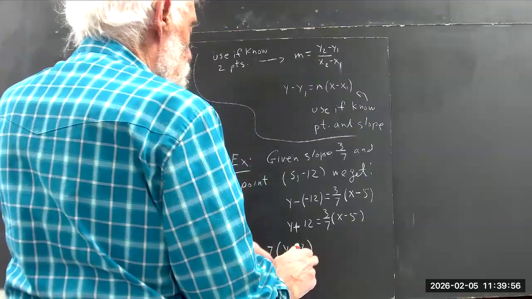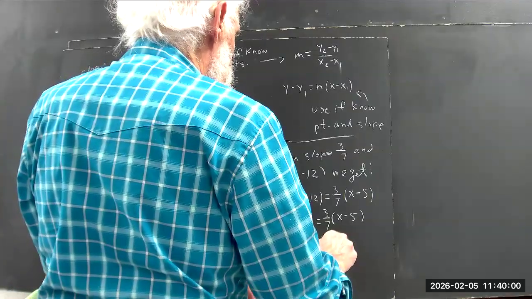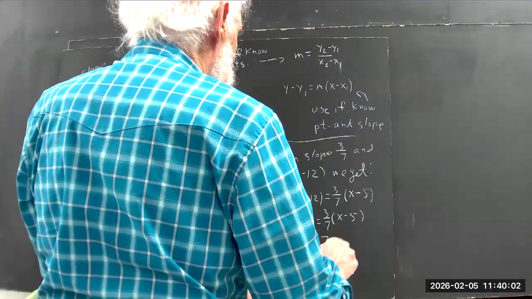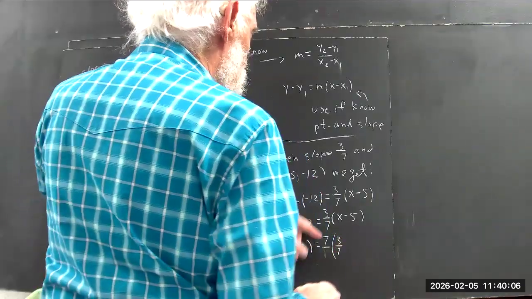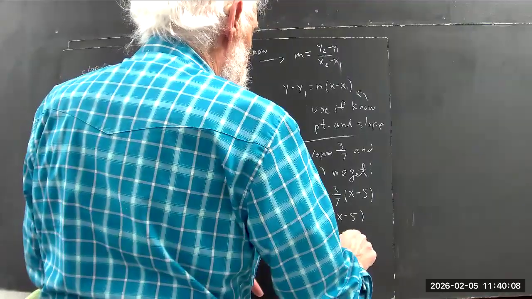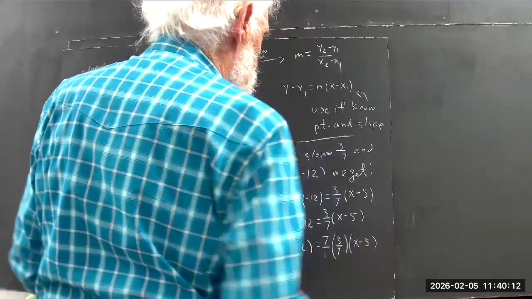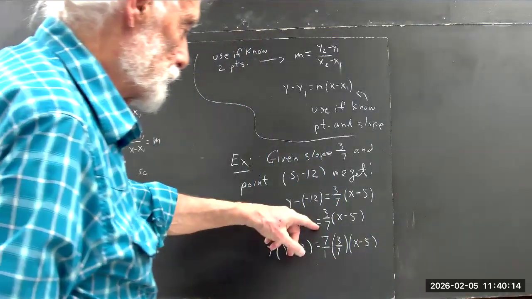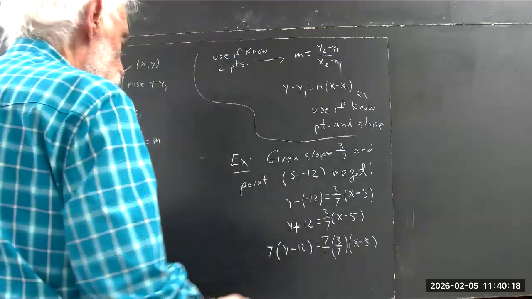So I get 7 times the quantity y plus 12 on the left-hand side. And 7, which I'll write as 7 over 1 because of the fraction, times 3/7 times x minus 5.